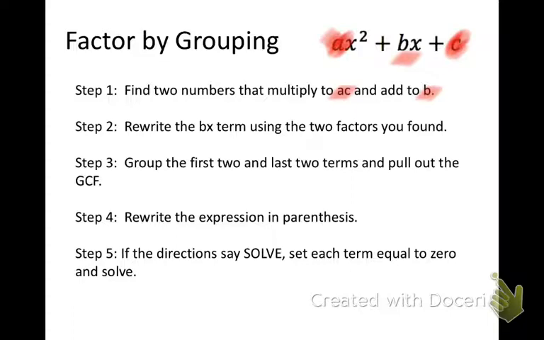Step 3, we're going to group the first two and the last two terms and pull out their GCFs. Step 4, we're going to rewrite the expression in parentheses. And step 5, if the directions say solve, we're going to set each of the parentheses equal to 0 and solve.